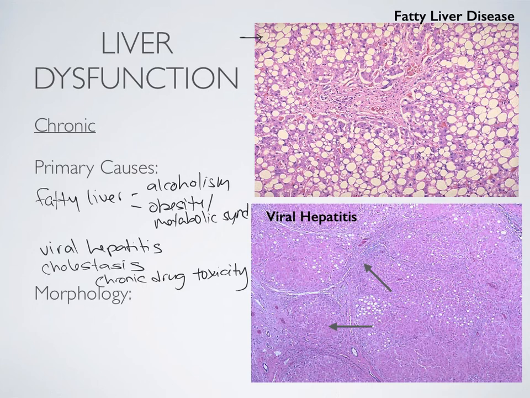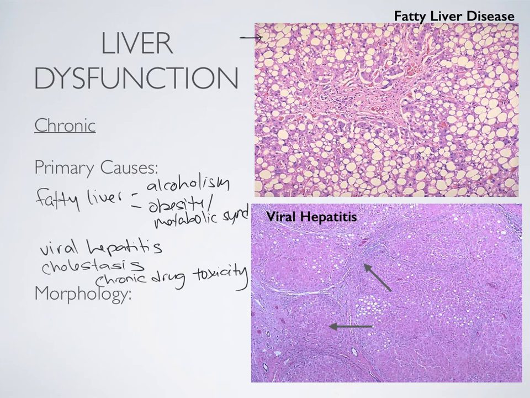But as long as you don't keep doing it, that can be reversed. If you stop alcohol use, it can be reversed. Viral hepatitis also, same thing. If the body can clear the infection before it causes scarring, then you can reverse that disease.